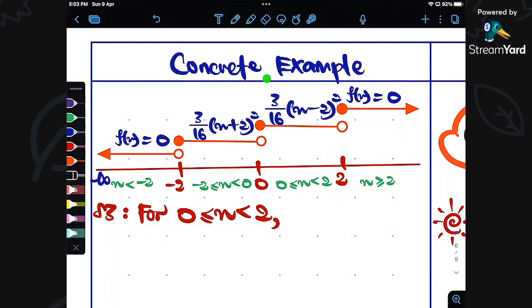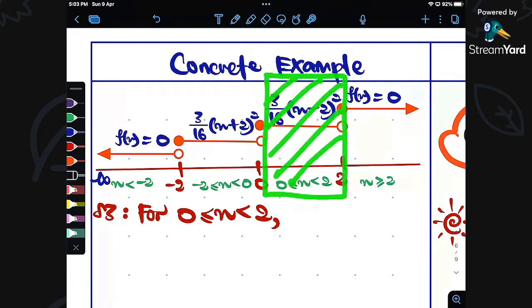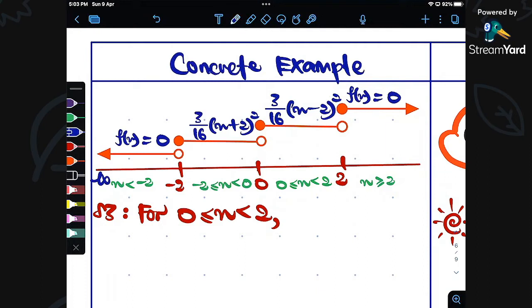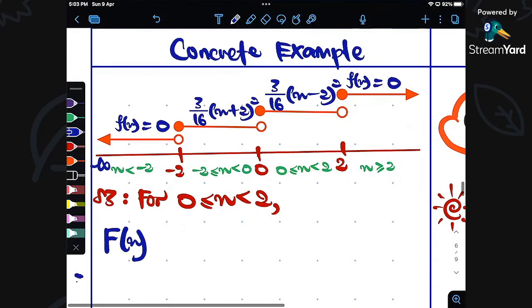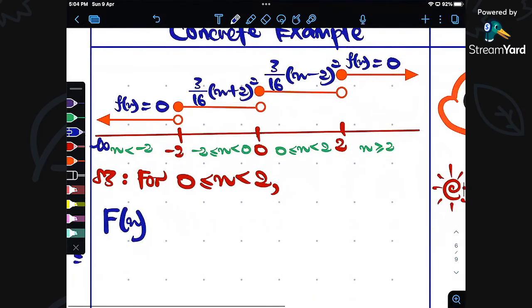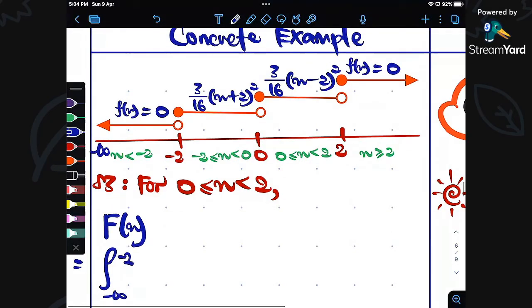All right, let's solve step three. Step three is where the third part of the region is from 0 until 2, but 0 is inclusive. And so we are going to find our third function, which is big letter F equals the integral from negative infinity until negative 2. It's the same process.